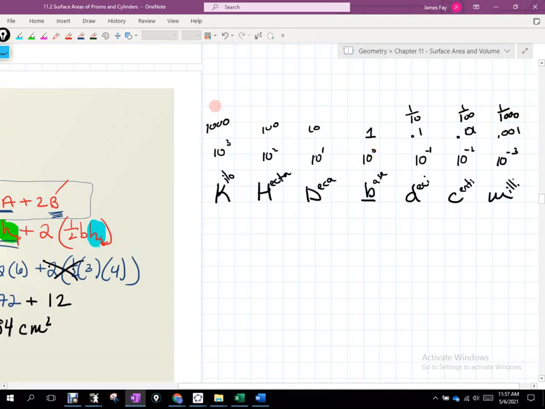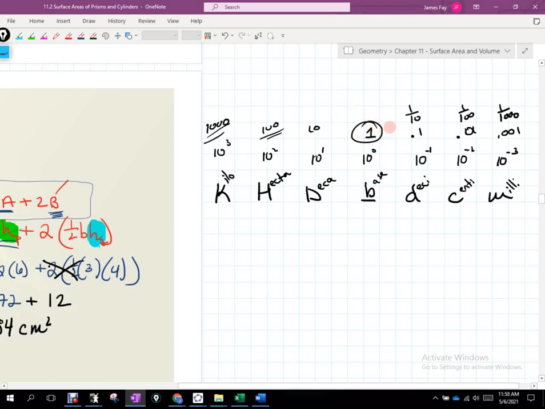So if I have 1 kilogram, that means that I actually have 1,000 of these grams. Does that make sense? If I have 1 hectometer, that means I have 100 of these meters. Is that okay with everybody?